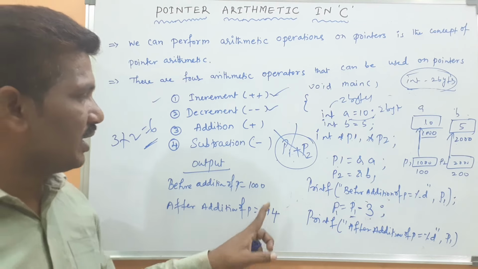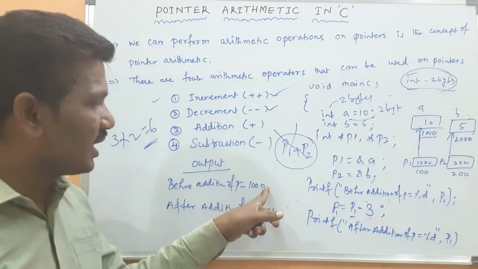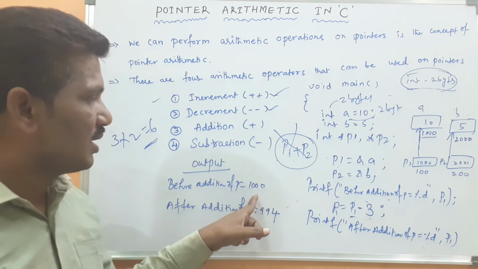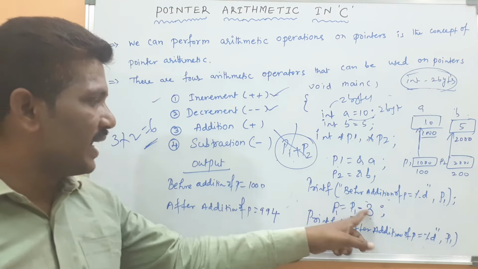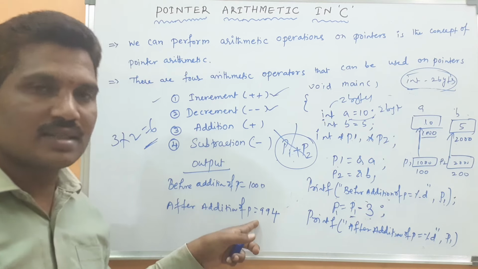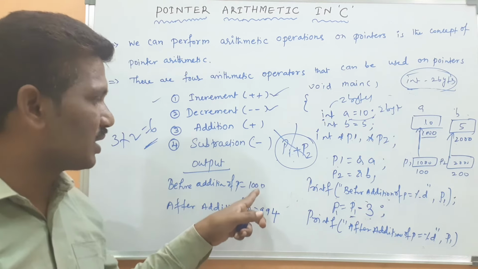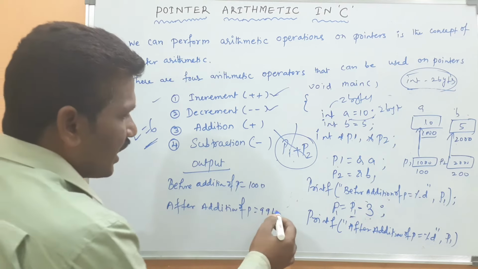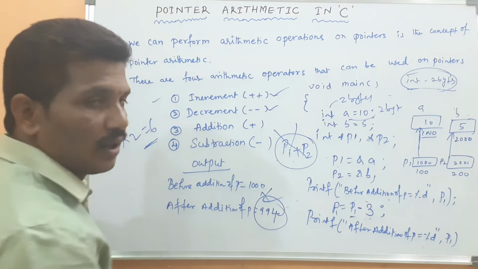Because 6 bytes will be decremented from the current pointer variable p. What is the p value? Address 1000. Then minus 3 means 6 bytes are subtracted from the pointer variable p. Then what is the value we got? 994. Yeah.